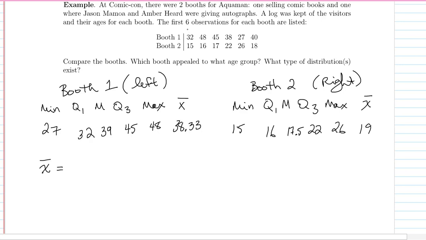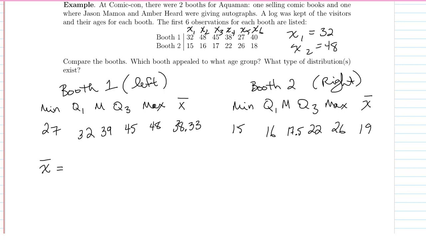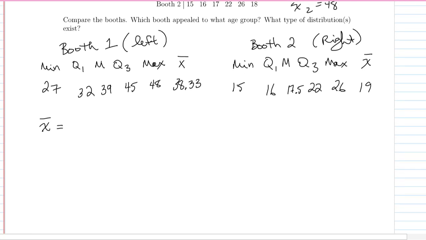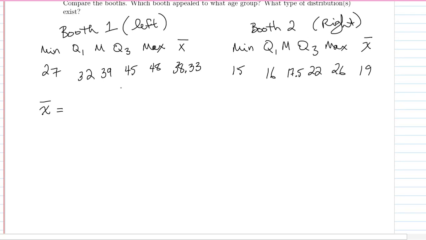So we're going to label each of these observations x1, x2, x3, x4, x5, and x6. In other words, x1 is equal to 32 for booth 1. x2 is equal to 48 for booth 1. So we have 6 observations. So X bar is equal to x1 plus x2, and so on.